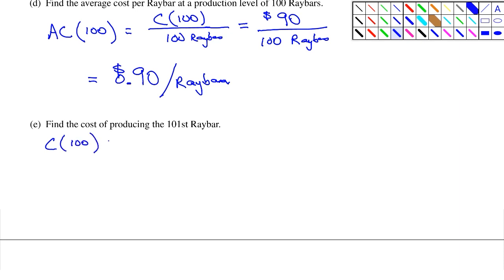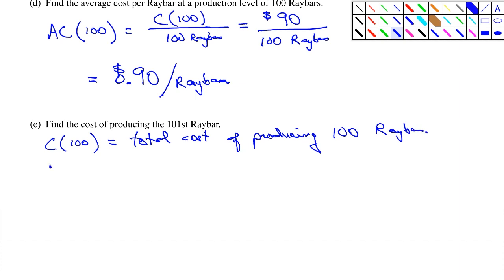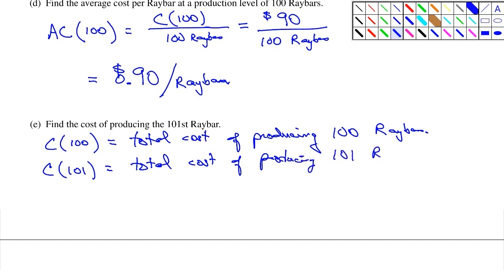C of 100 is equal to the total cost of producing 100 ray bars. And C of 101 is the total cost of producing 101 ray bars.